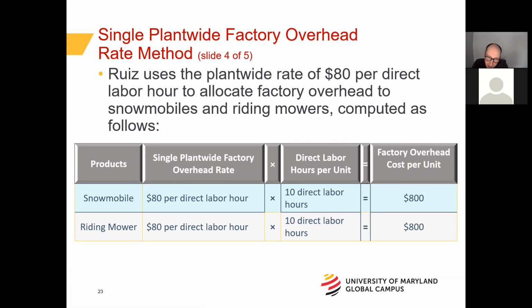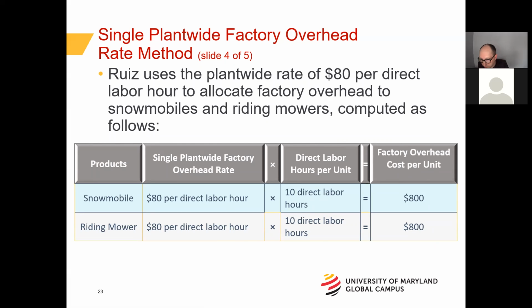Well, if it takes 10 labor hours to produce a single unit, and we know that the factory overhead single plant-wide rate is $80 per direct labor hour, 10 times 80 is 800. So the total factory overhead applied to each unit produced is $800 using this method.